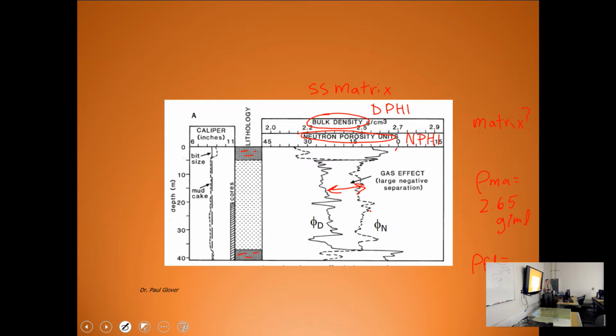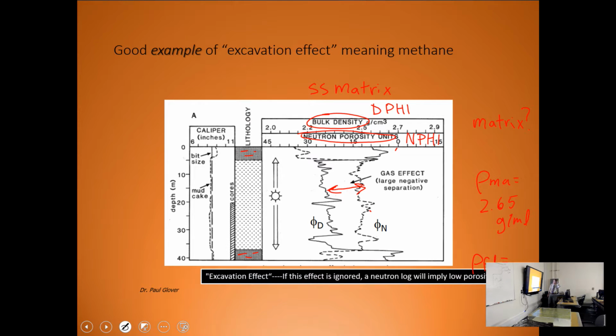Make sense? Okay. This is sometimes called a crossover effect. I don't actually like the word crossover, some of you will know. I prefer the word excavation effect. Crossover is what you see on the curve. It crosses over. Excavation is the process actually happening in the pore spaces. So what's excavating what? The gas is excavating the water.